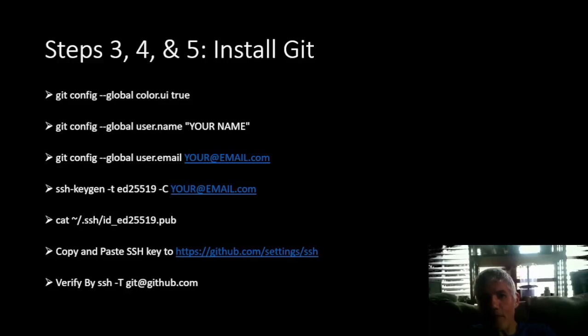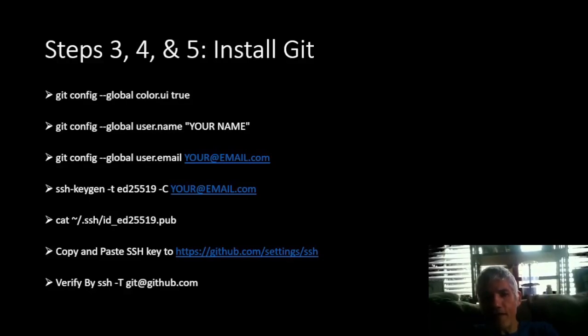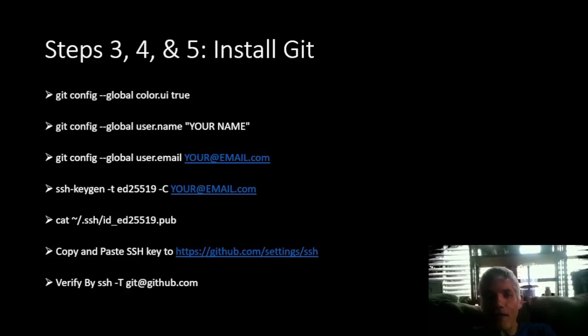You just run the command ssh-keygen -t ed25519 -C followed by your email address. And then what you're going to do is output the key that is generated by that command so that you can copy and paste it to your github.com account.